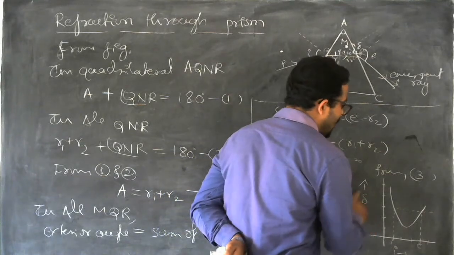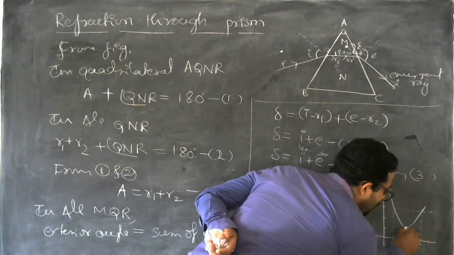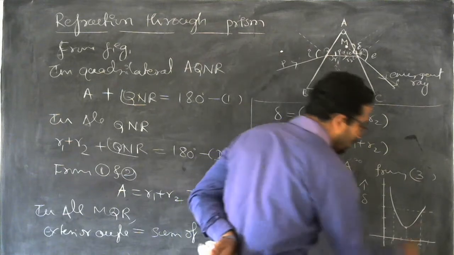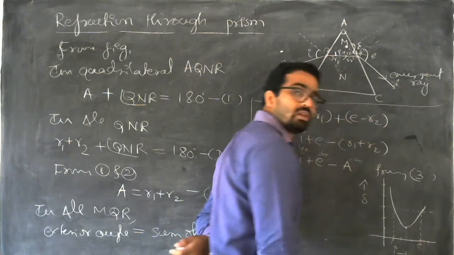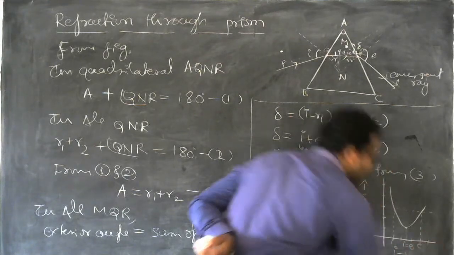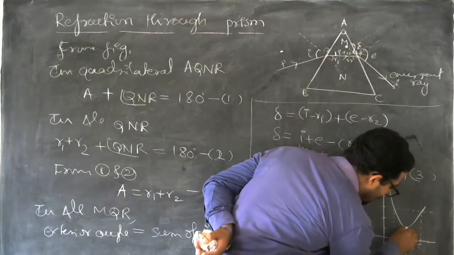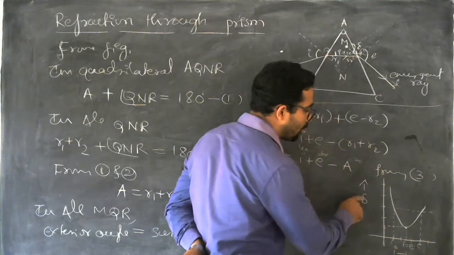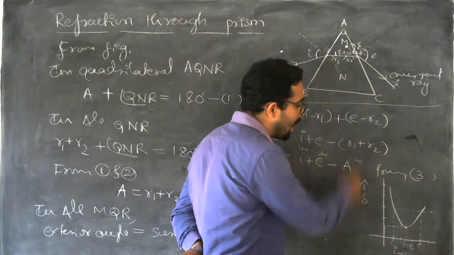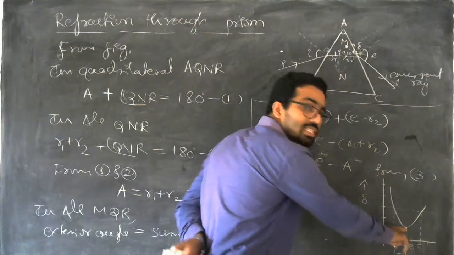So for one value of delta we get two values, which are I and E. And at this point, we can say I becomes equal to E. See, this is the value of minimum deviation. This is the angle of deviation, and the value of this deviation is minimum at this point.